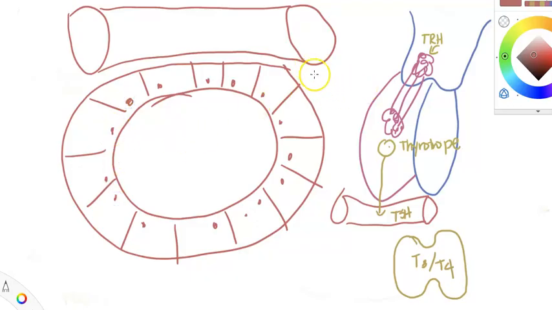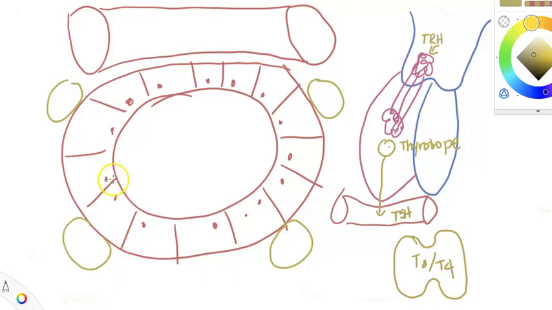Out here, there are little cells on the outside called parafollicular cells.